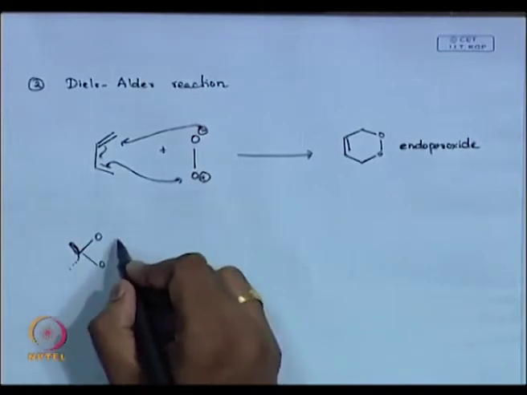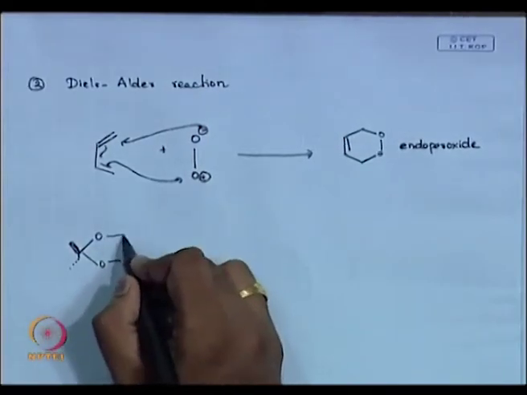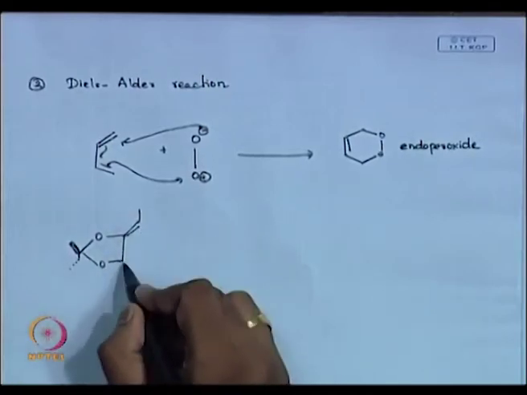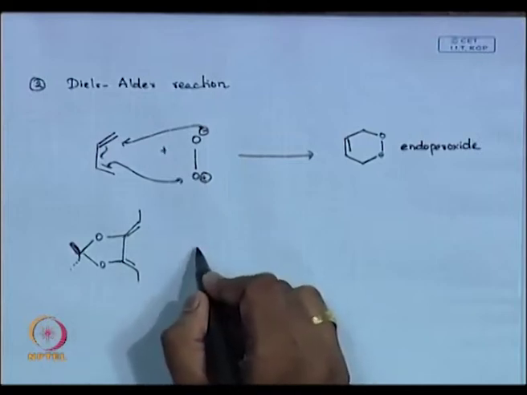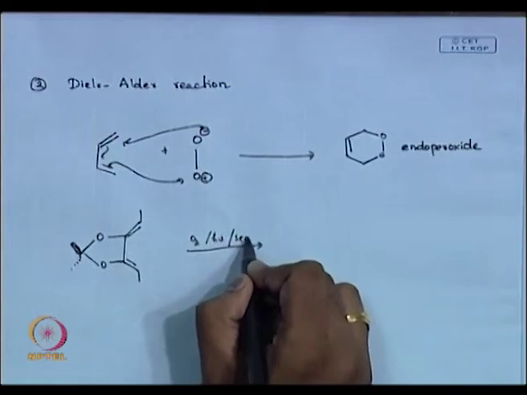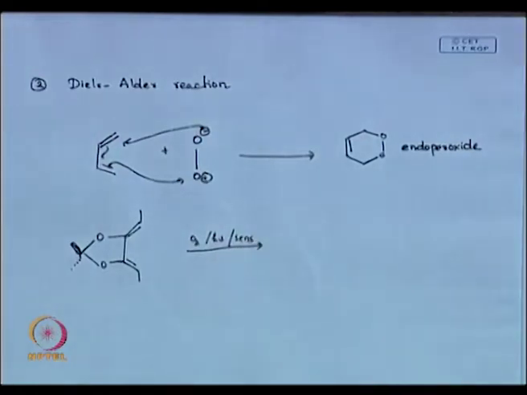Okay, if you take this product, because I just want to check about the, what do you get? Now, why I am writing this, just to check up the stereochemistry, because this is a Diels-Alder, then this reaction is very stereospecific.